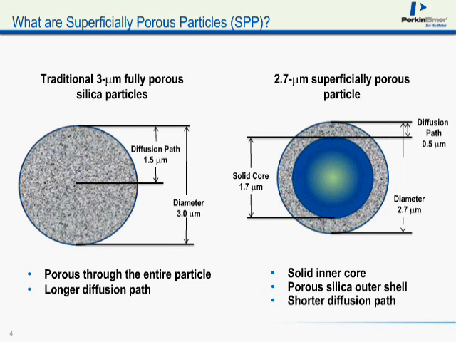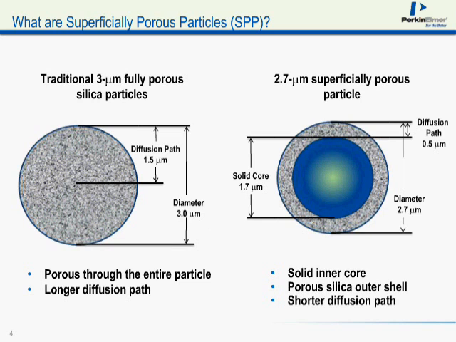And now the movement has been to what we call sub-2 micron particle sizes. These are smaller particles used in UHPLC systems, ultra-high performance liquid chromatography systems, and the movement there is so that as you go to smaller and smaller particles, you're getting the advantage of higher separation powers or higher efficiency of the columns.